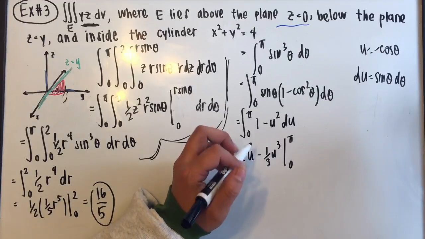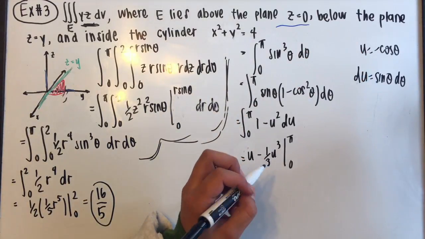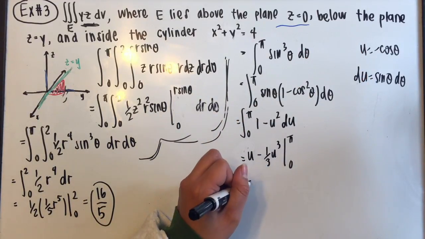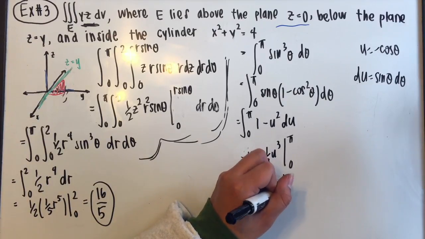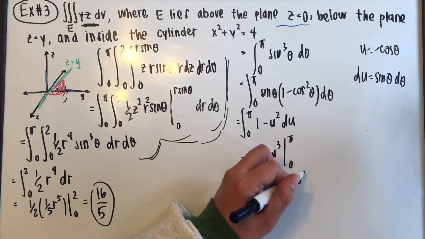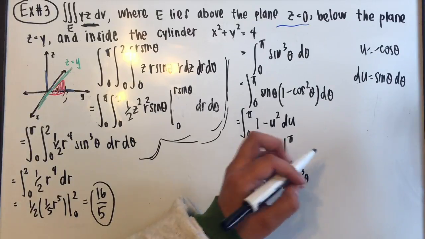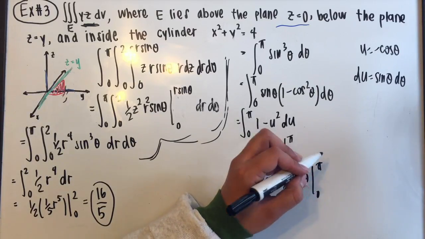We plug back in our cosine. So remember, our u equals negative cosine theta. So this is going to be negative cosine plus 1/3 times cosine cubed from 0 to pi.